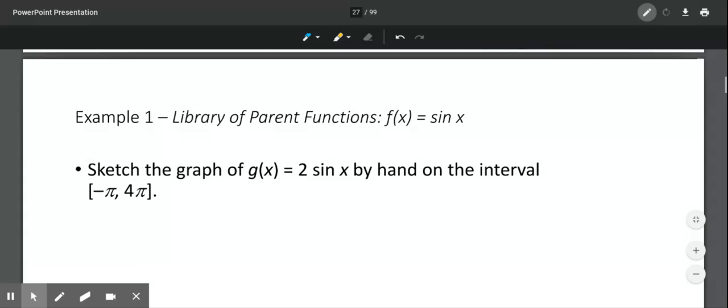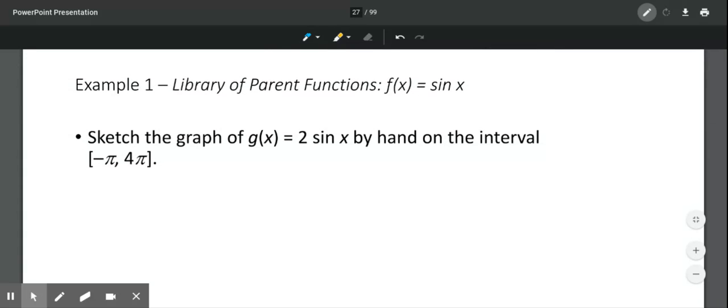All right, so what we're going to do is sketch a graph of 2 sine x by hand, and we're going to sketch it on the interval from negative pi to 4 pi. Okay, so it's our sine function, but this number out front, and we'll get to this in a little bit, a slide for it, is called the amplitude.